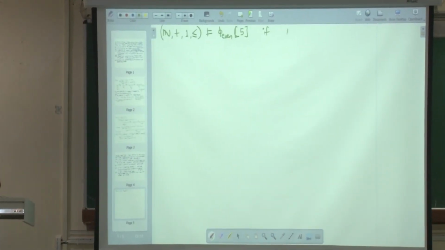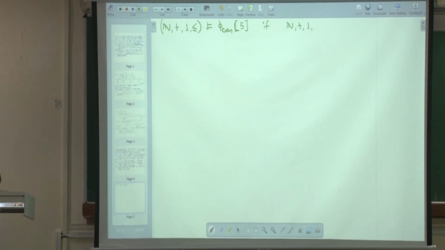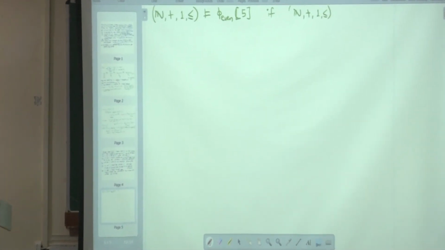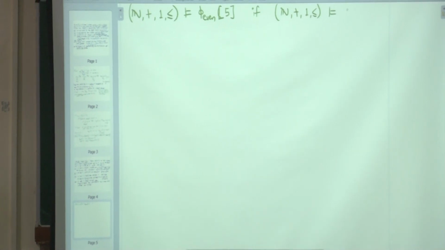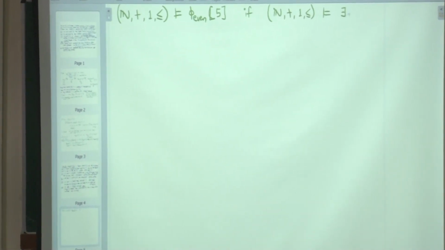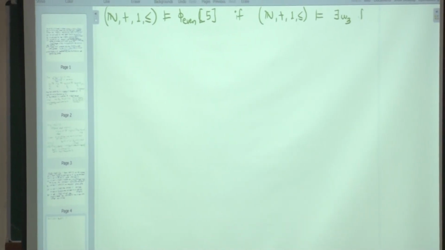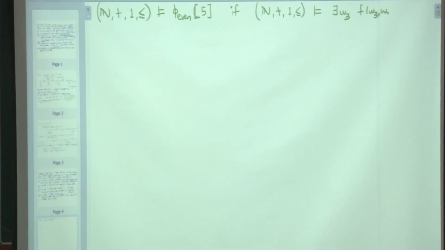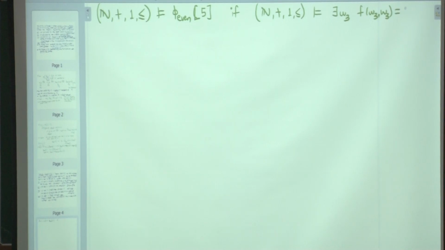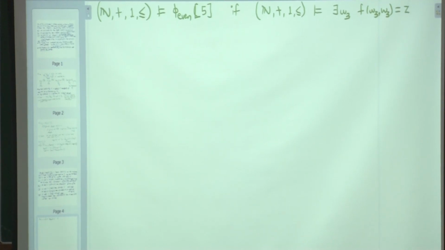I mean n plus 1 less equal satisfies there exists a W3 such that f W3 equal to z at 5. There is an existential quantifier over here.